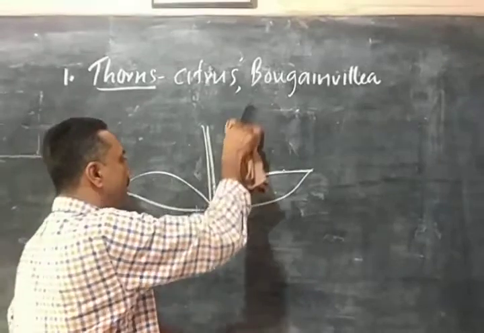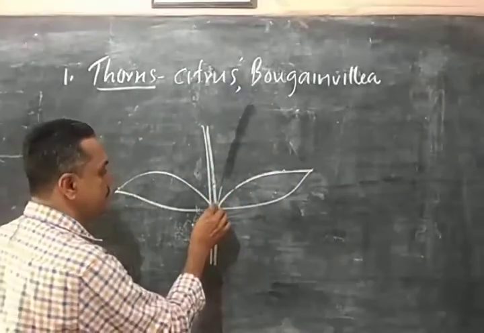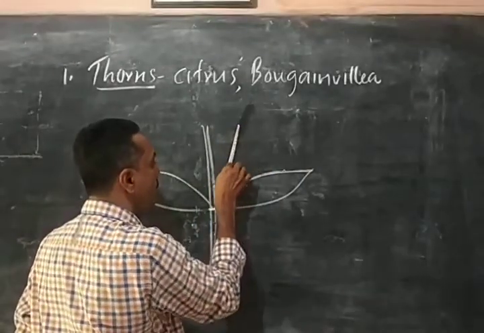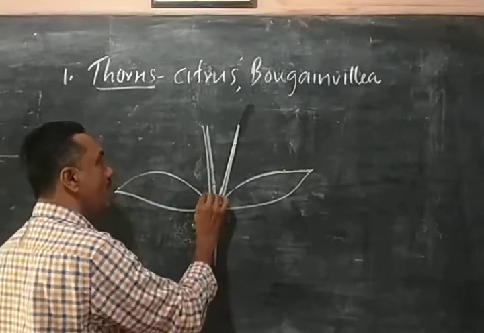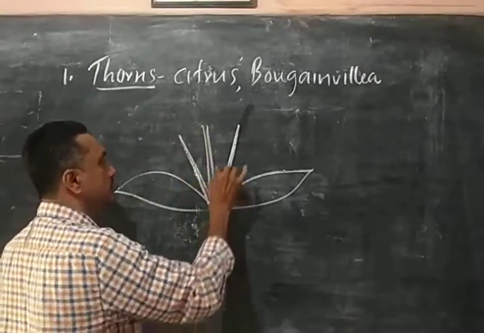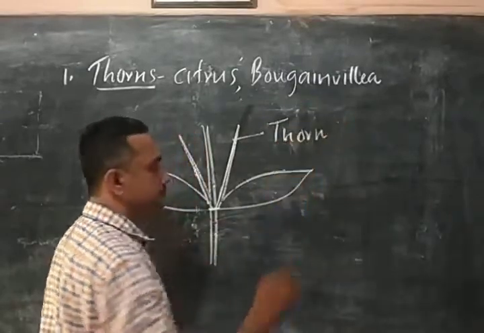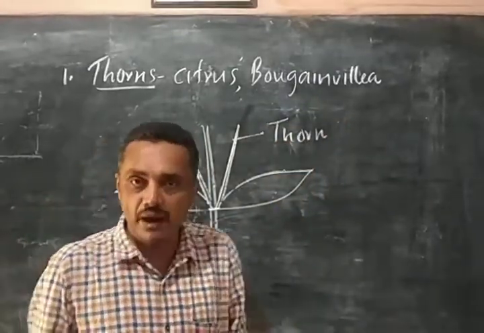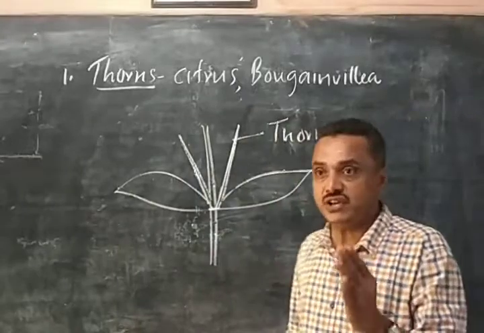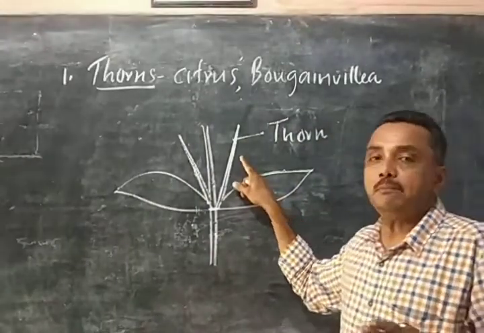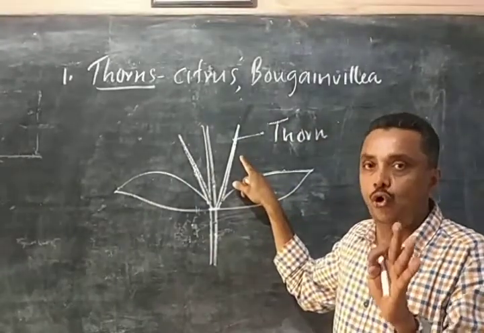Instead of growing into branches, the axillary bud is modified into a hard pointed structure, which is called a thorn.